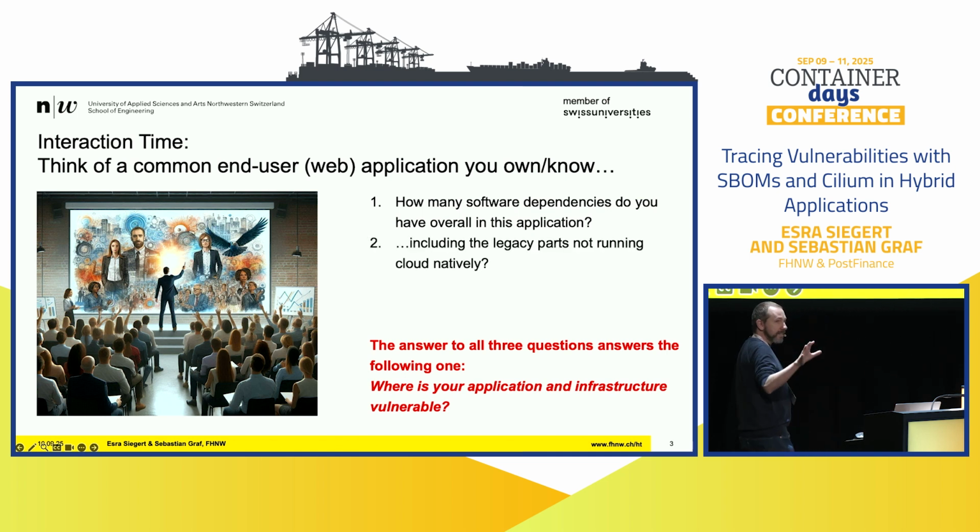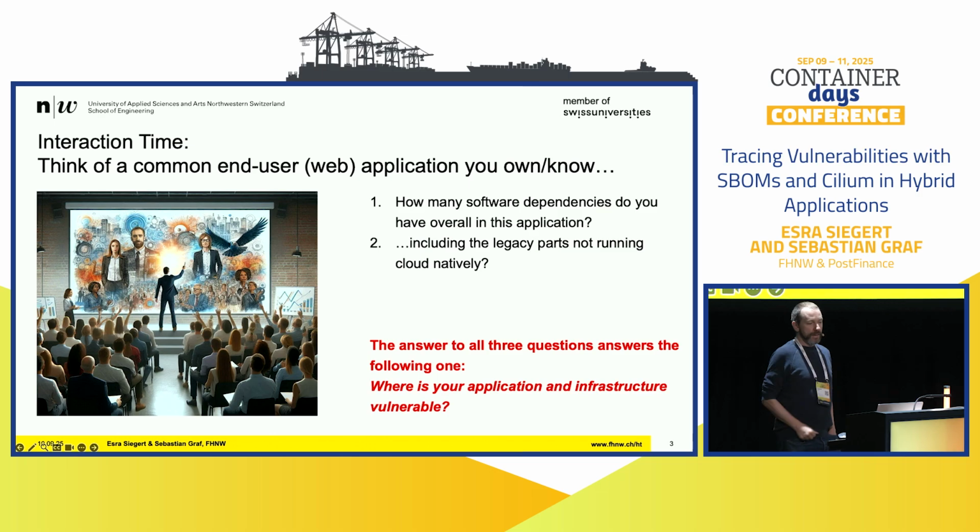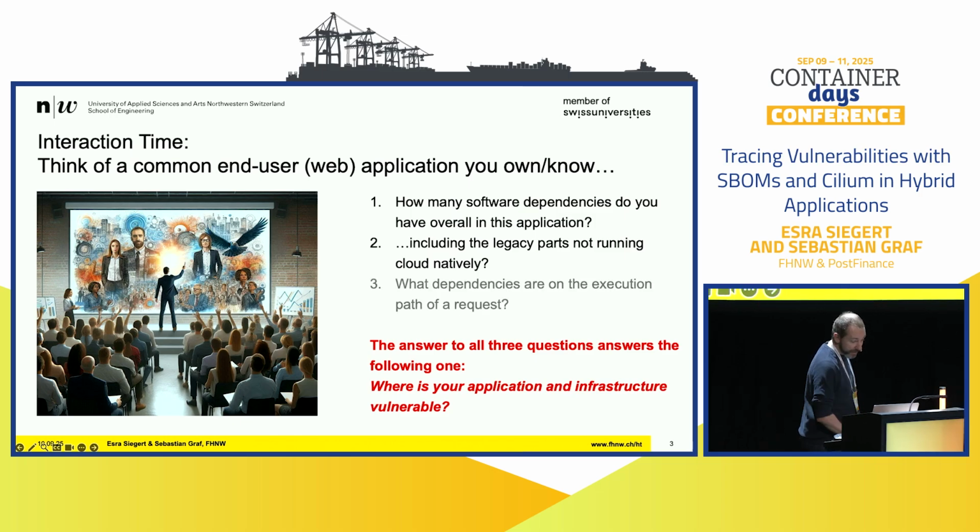When you take the legacy parts into account, so not only your own container, but also any kind of load balancer, any kind of additional service, how many dependencies do you have over there? And the last question is, which dependencies are actually on the execution path of your request? Just think of your overall application.